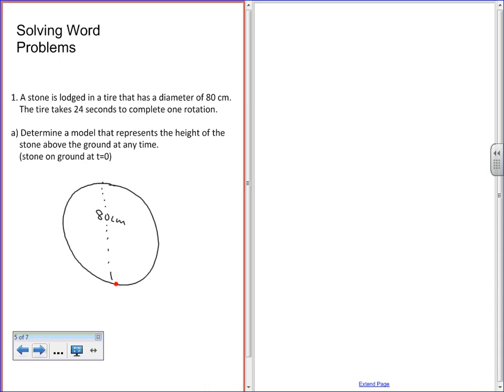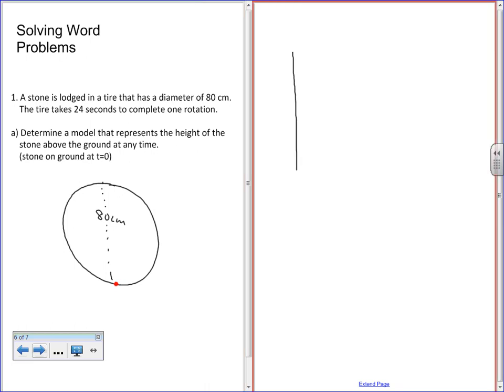I want to determine a model that represents the height of the stone above the ground at any time. The tire takes 24 seconds to complete one rotation. So for this stone to end up on the ground again takes 24 seconds. So let's graph the height of this stone above the ground at any time t.